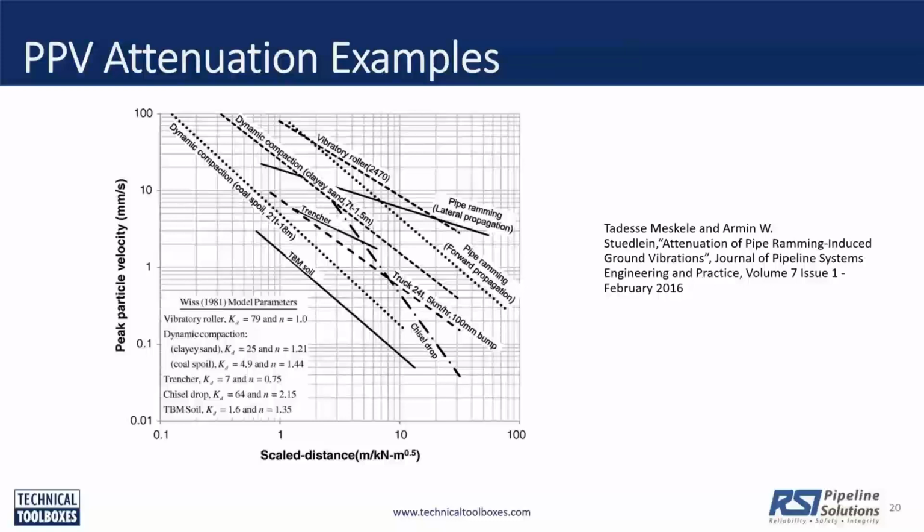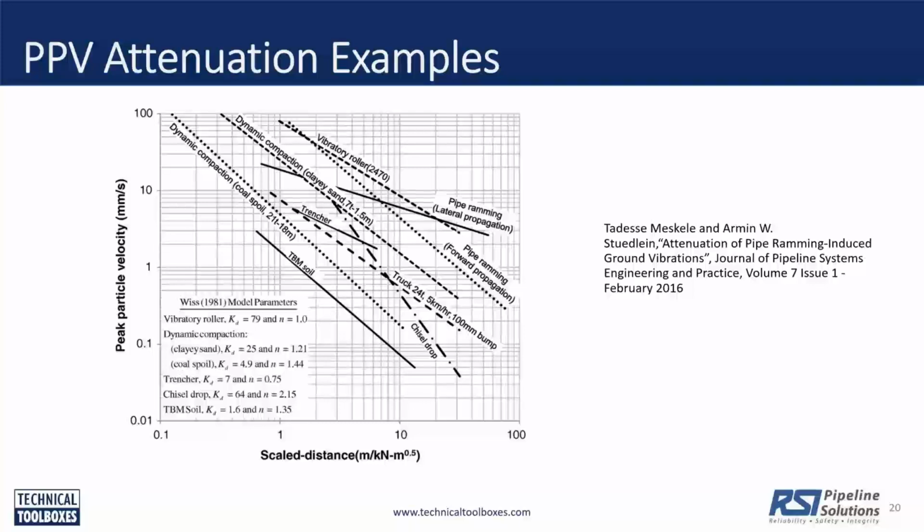Okay, now this slide shows how we deal with vibration from construction equipment, right? What I explained was vibration from blast operation. If we are dealing with construction equipment, let's say a vibratory compactor, for example, or a trencher, there are different methods to calculate the peak particle velocity at the pipe.